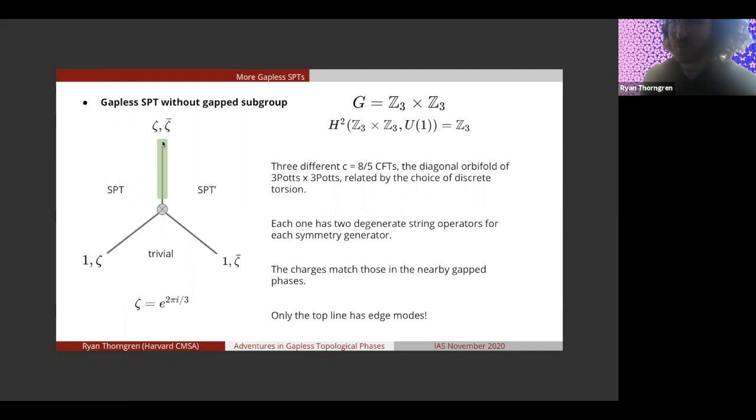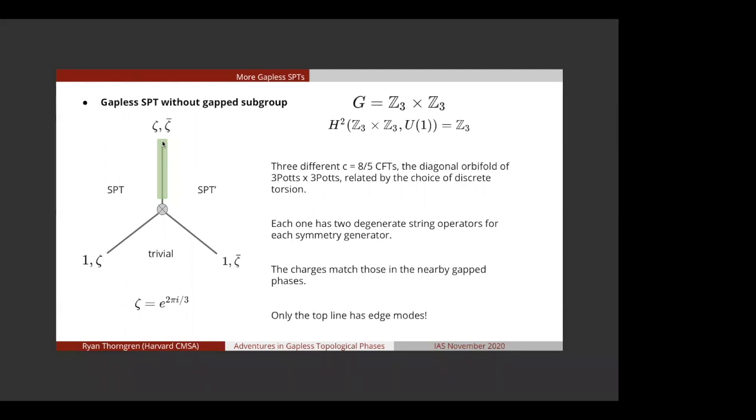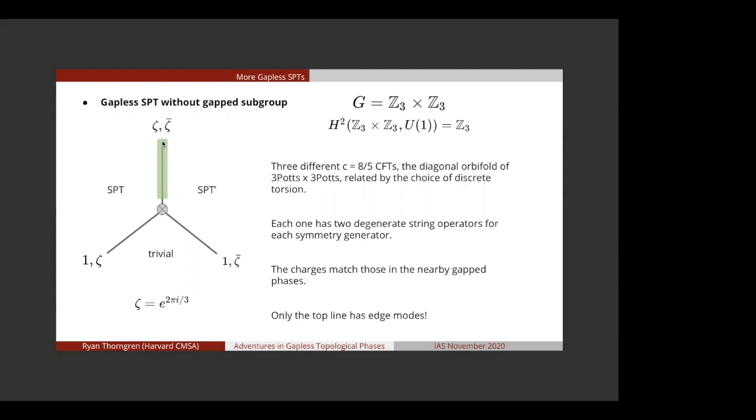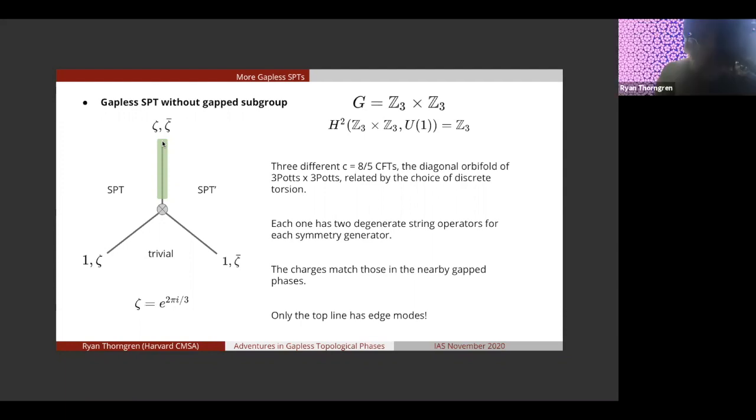Is there some mathematical thing you can say about the representation? Why is that different from the class 1 and class 2 SPT compared with 0 versus 2 and 0 versus 1? Yeah, it's a good question.